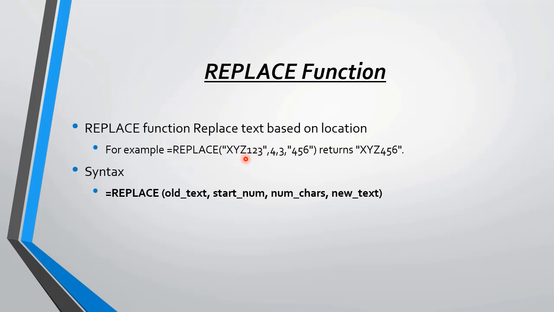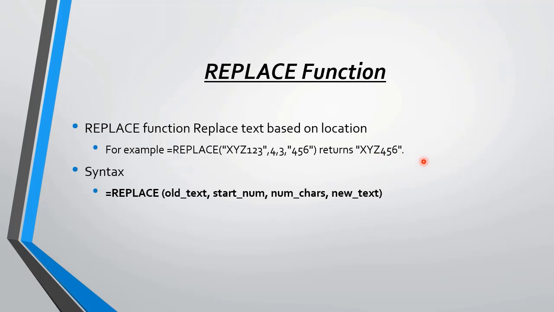The second one, start num, means the start number: the position where you want to start replacing, counted from left to right, 1, 2, 3. Then the number of characters that you want to convert. You want to convert 3 characters. Then new text: you want to replace 1, 2, 3 with 4, 5, 6, and the result will return XYZ 4, 5, 6.